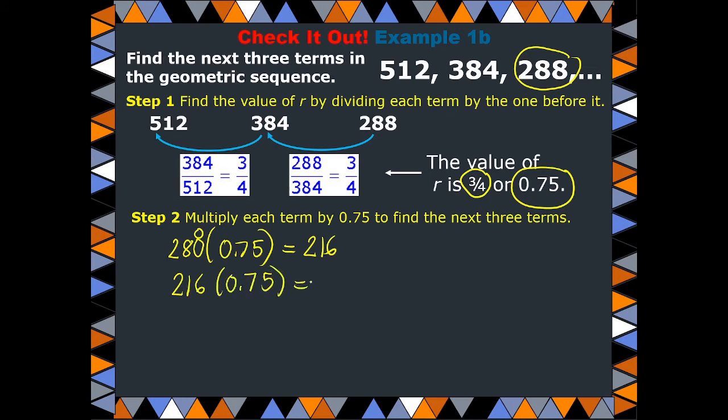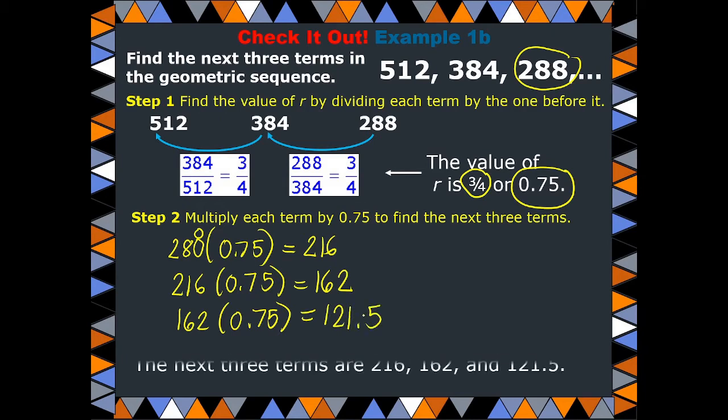This will give me 162. 162 times 0.75 will give me 121.5. So therefore, the next three terms are 216, 162, and 121.5.